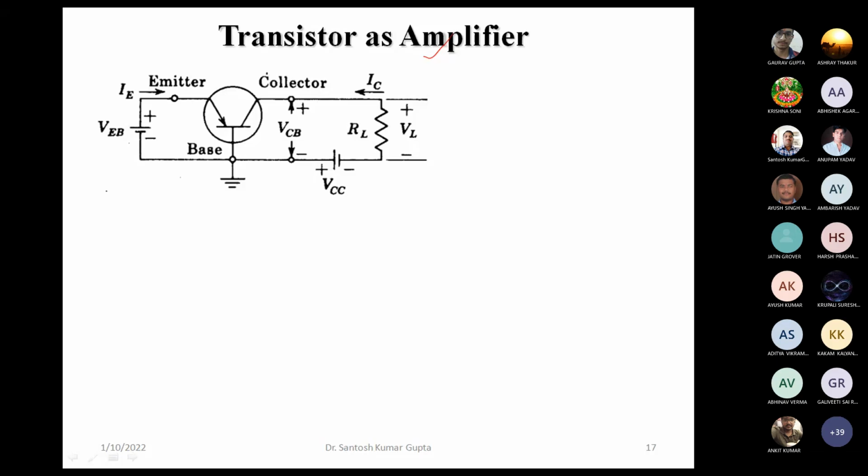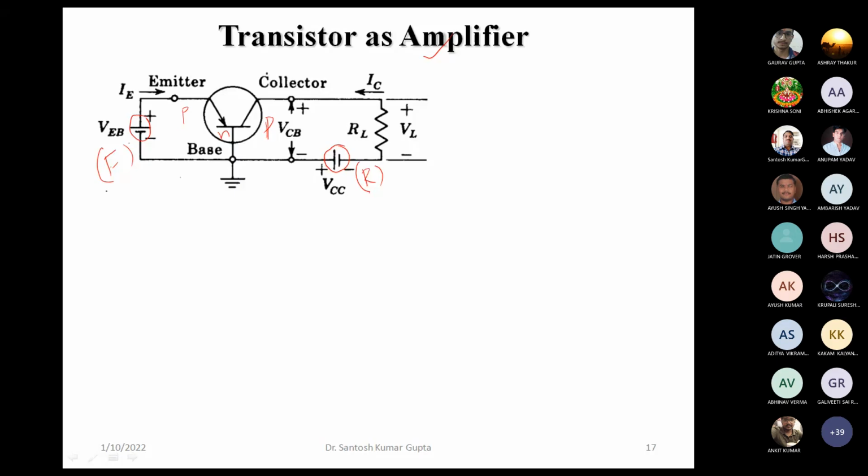Looking at this transistor symbol, we can conclude that this is a PNP transistor. The emitter is P type, the base is N type, the collector is P type. The emitter-base junction is forward biased, and the voltage between the collector and base is reverse biased.